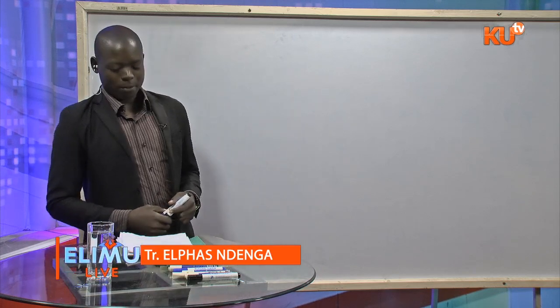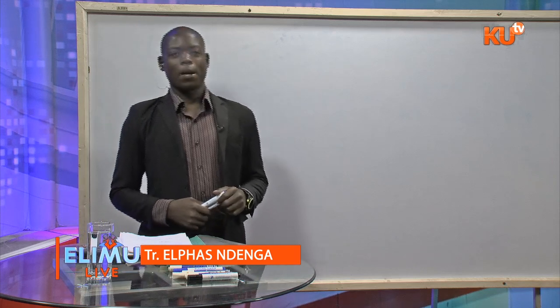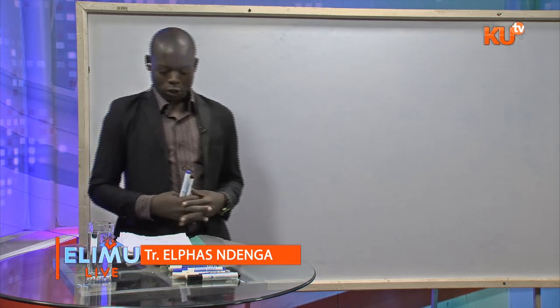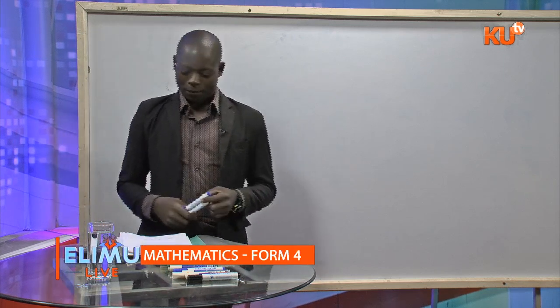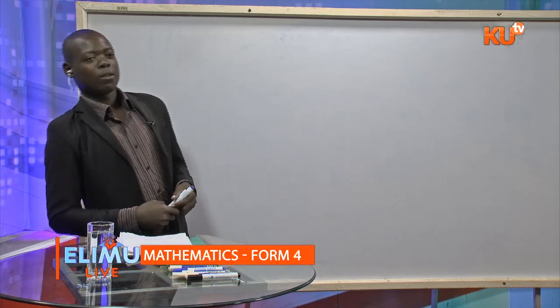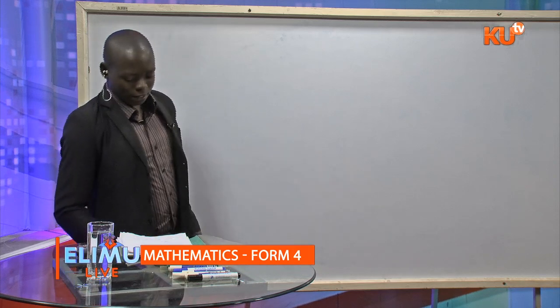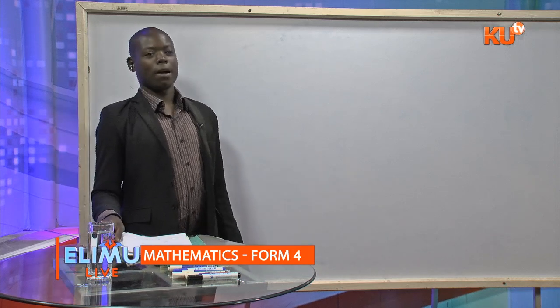One thing that I will say before we start the lesson is, as you prepare in mathematics, you ought to know that a mathematics student has to be ready. And one of the things that you have to be ready with are simply the resources that you need to have.